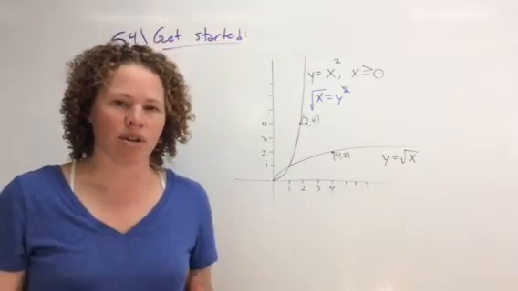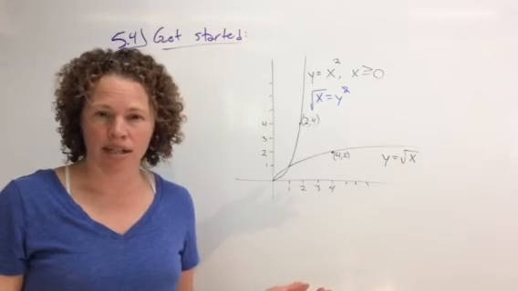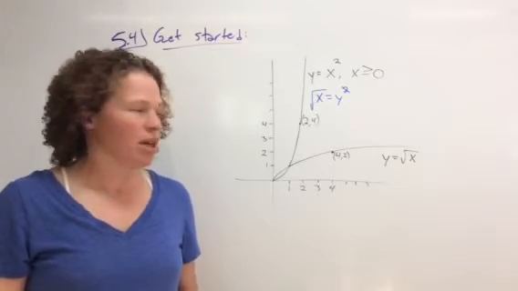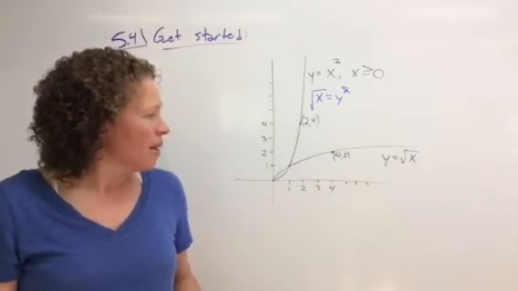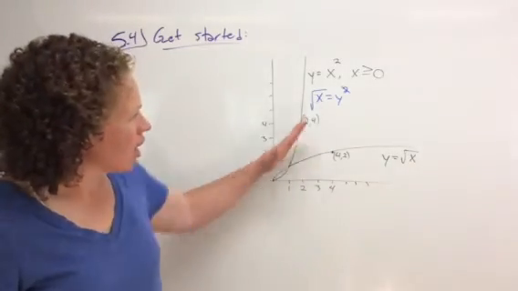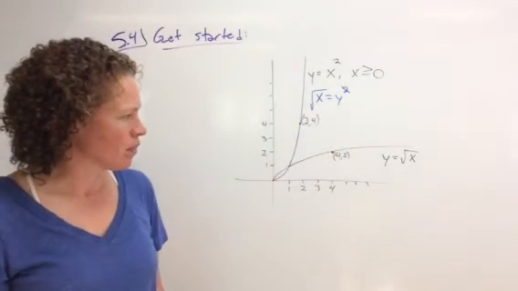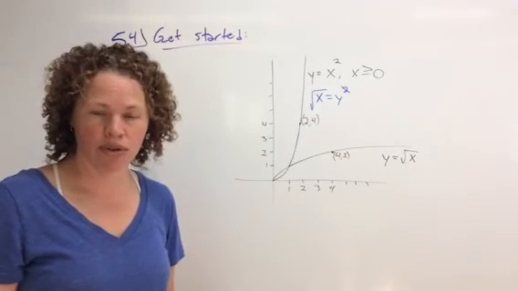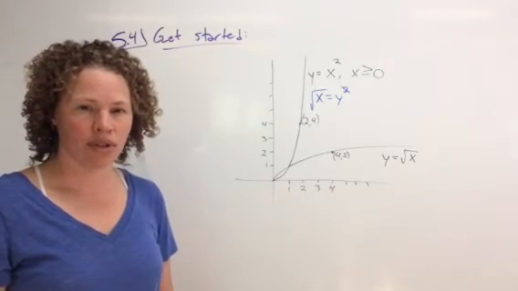So in both ways, whether we manipulate the formula by switching x and y and then isolating for y, or whether we look at the graph and see that the points are switched, or we just look at it visually and see that they are mirror images of each other over the y equals x line, these are inverse functions.